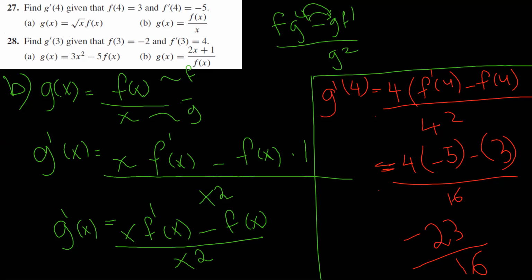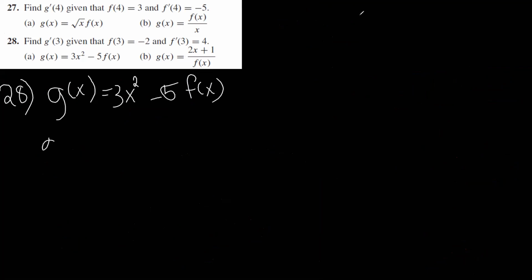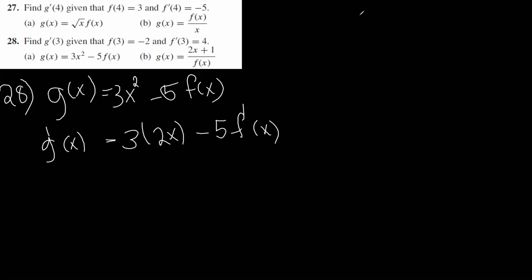Now let's do number 28. Here he asked me now to find g prime of 3, if g of x is 3x squared minus 5f of x. So g prime of x is 3 times 2x minus 5 times f prime of x. I just find the derivative of each one.